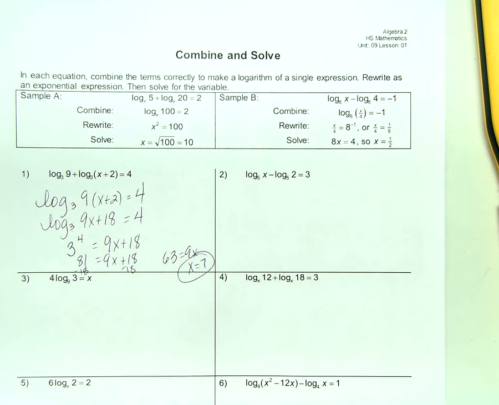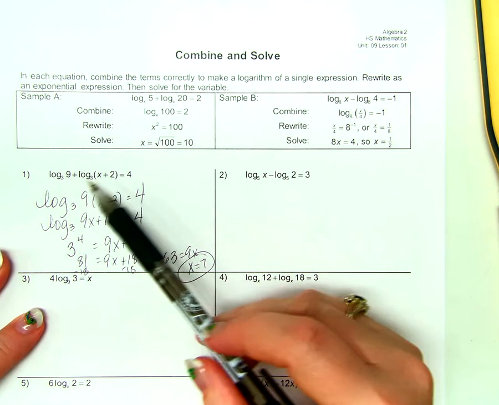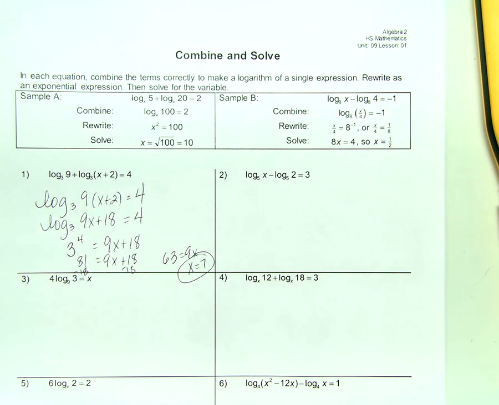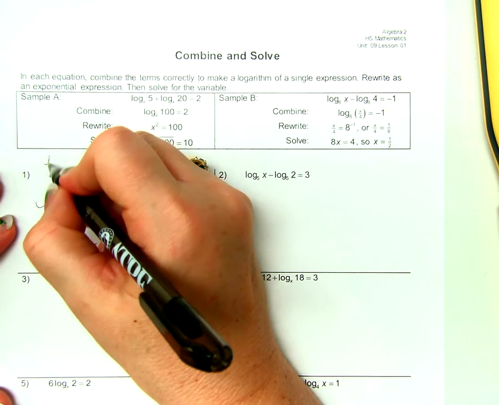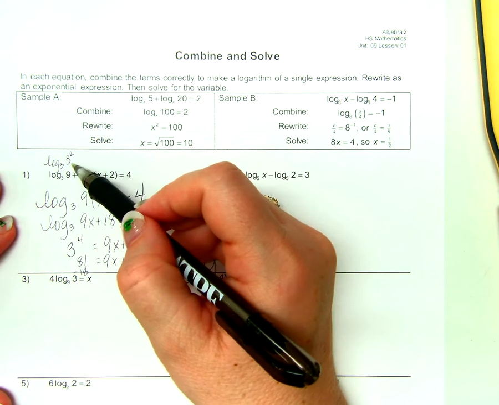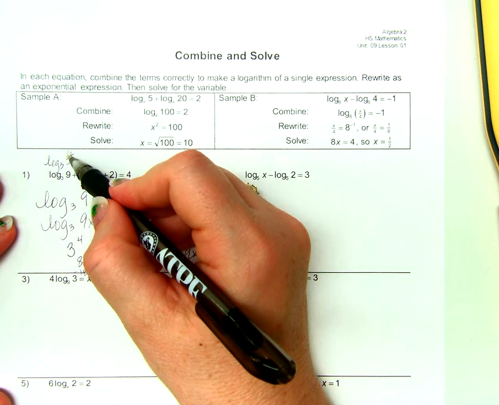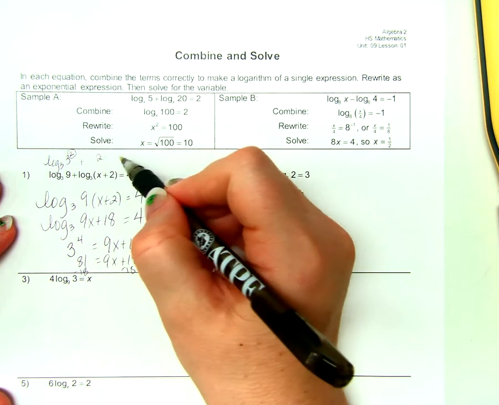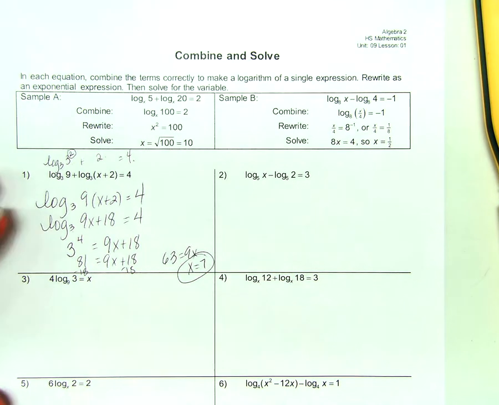Is it right? Log base 3 of 9 plus log base 3 of 9 equals 4. You're not getting your calculators out, are you? Because look, log base 3 of 3 squared, isn't that 9? What does that equal? 2 plus log base 3 of 9. 2 plus 2 equals 4. Oh my gosh.